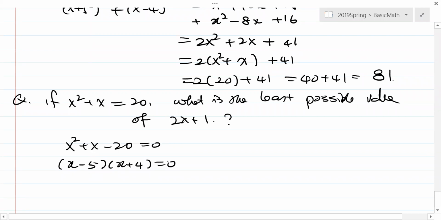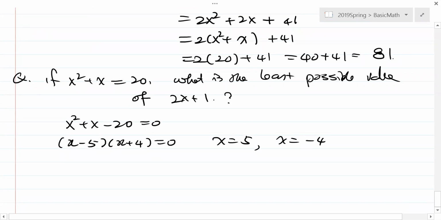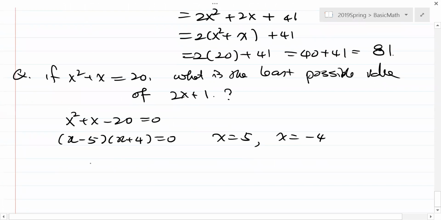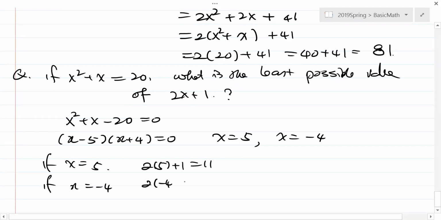So x equals 4 and x equals negative 5. If x is 4, 2 times 4 plus 1 equals 9. If x equals negative 5, 2 times negative 5 plus 1 is negative 9. So negative 9 is the smallest value.